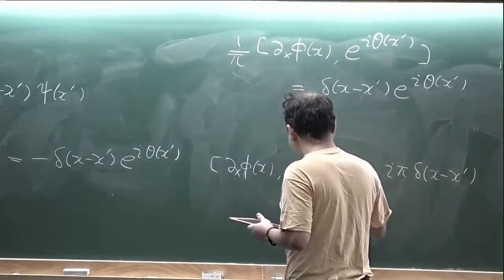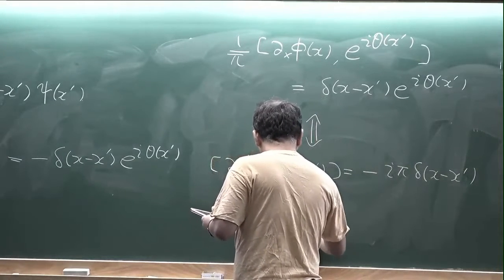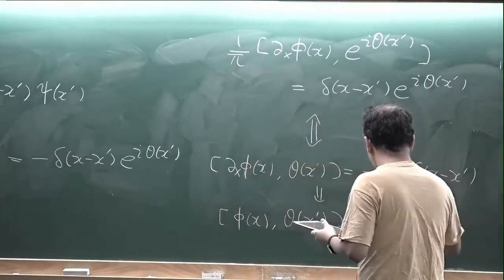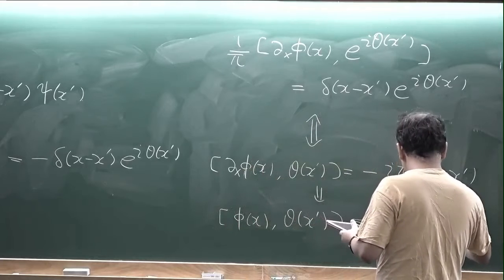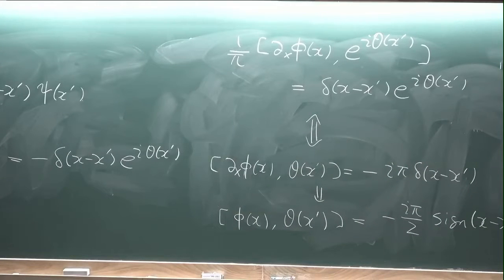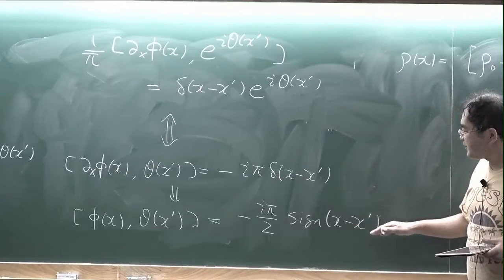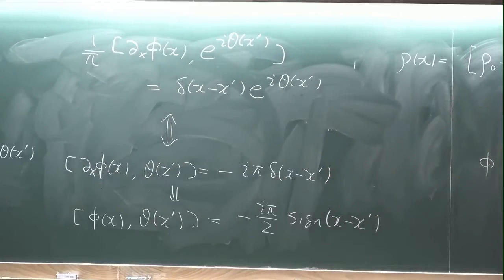But if you pick one integration constant, phi and theta obey this commutation relation. This is the sign function of x minus x prime: if x is bigger than x prime, this is +1, and if x is less than x prime, this is -1. So it changes sign when x equals x prime. If you take the derivative, you recover this expression.